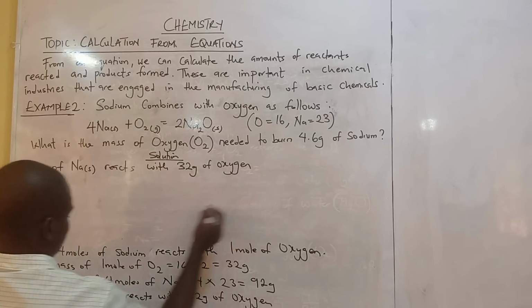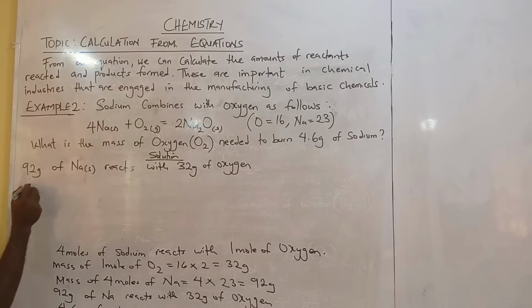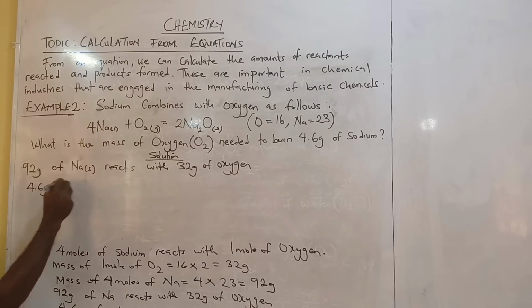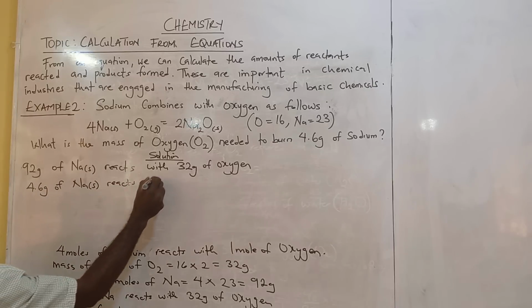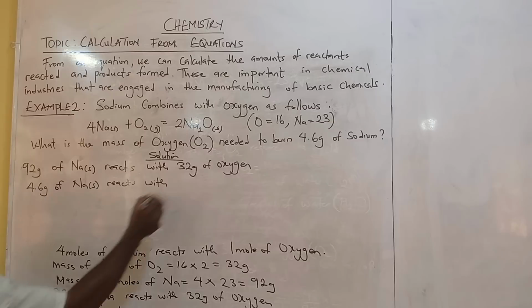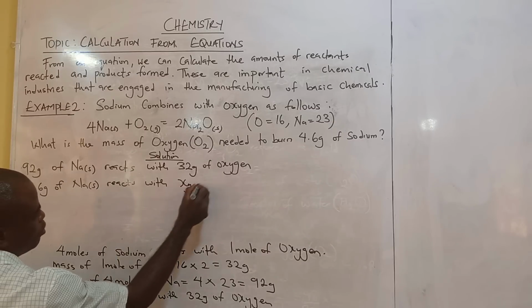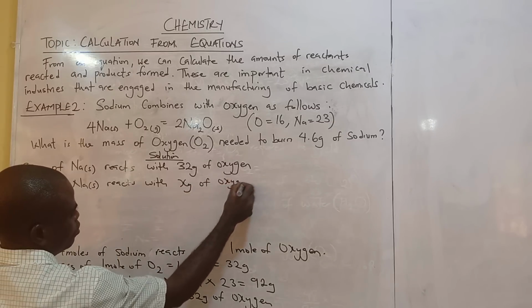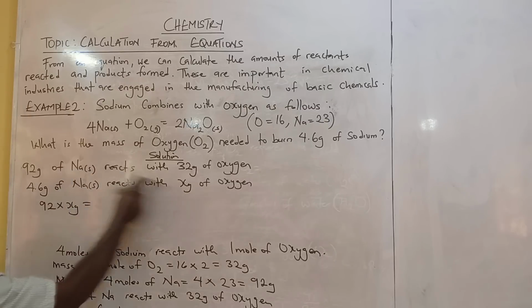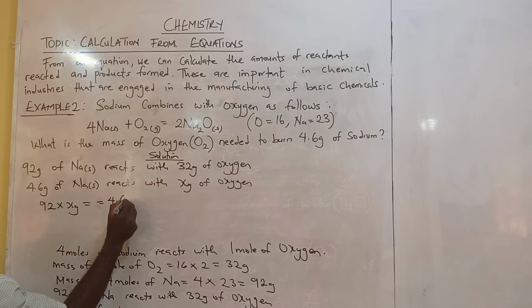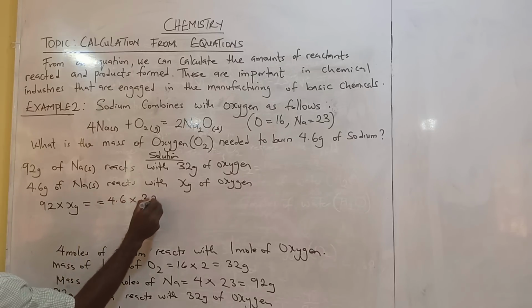Is that okay? Now, we have 4.6 gram of sodium reacting with X gram of oxygen. When you get that, you cross multiply. 92 times X gram equals 4.6 times 32.